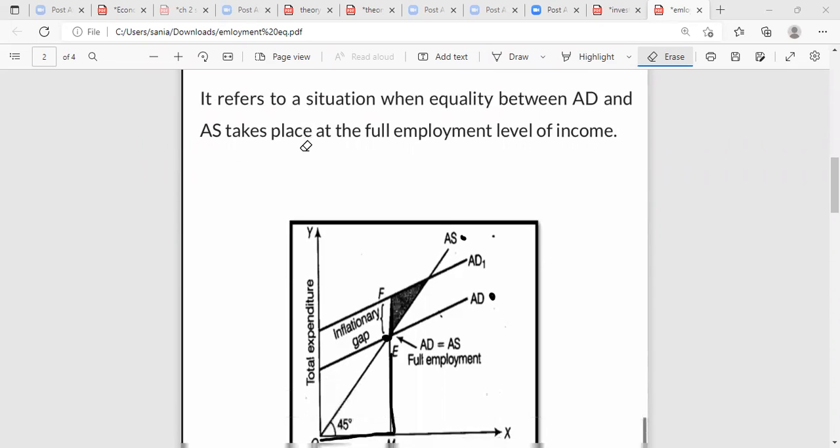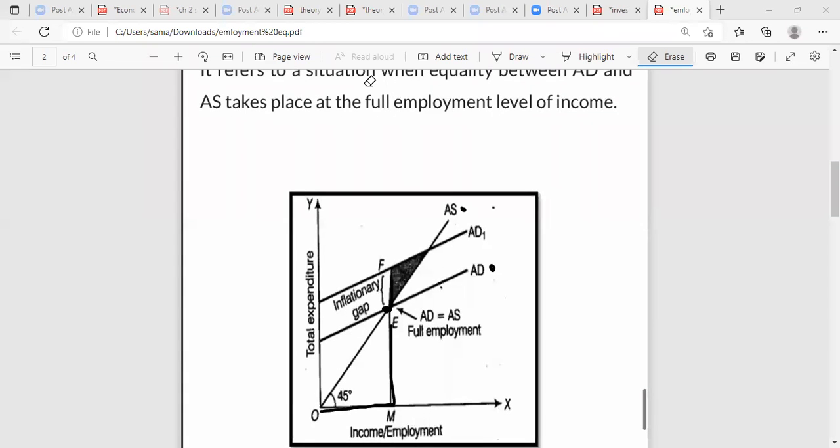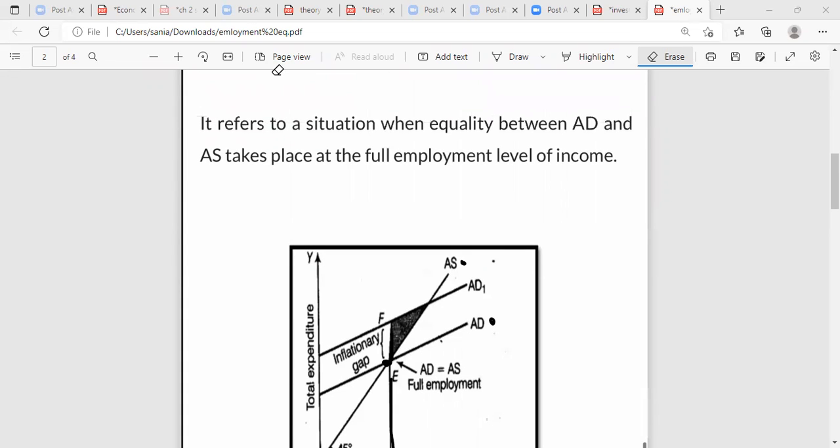Okay, students, I hope everyone wrote the definition.